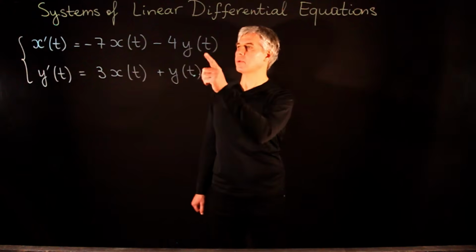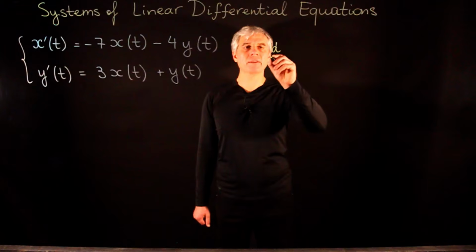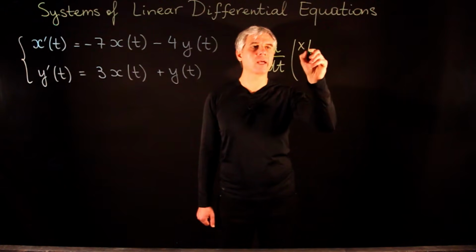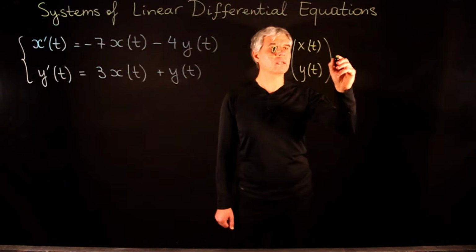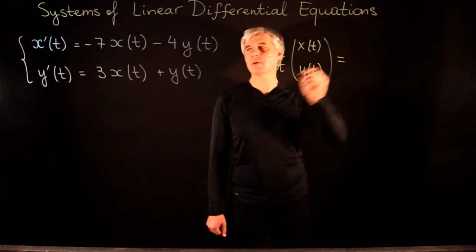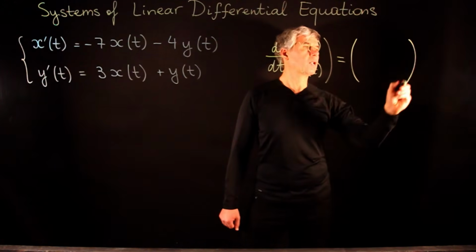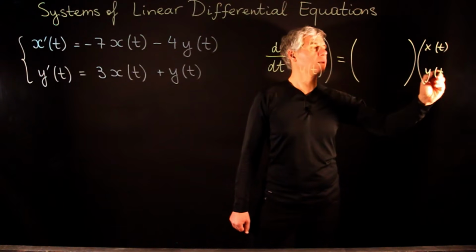The first thing that we want to do is use matrices. So we're going to write the left-hand side as the derivative of a column vector x of t, y of t. And in the right-hand side, we're going to write a product of a matrix with the column vector x of t, y of t.